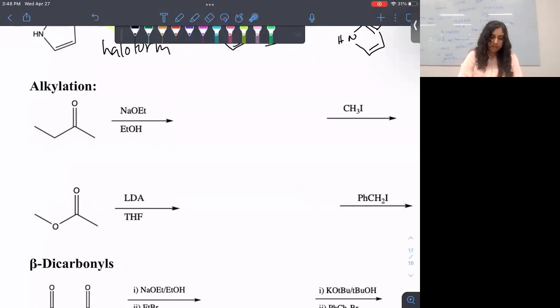Whenever you see a base and then your carbonyl, you know you're going to deprotonate at the alpha carbon. I'm going to prefer the thermodynamic enolate. There are two sides which I could deprotonate at, but I'm going to deprotonate on this side because it would give me the more stable alkene. It would be trisubstituted.